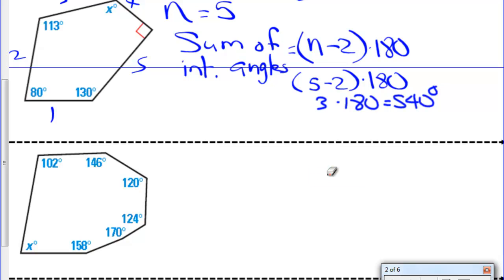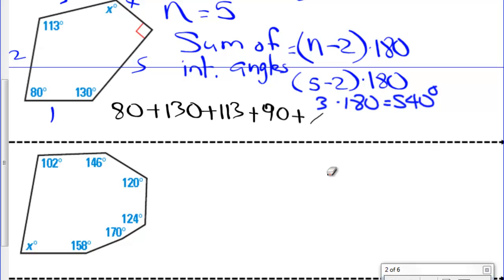All right, so we have 80 plus 130 plus 113 plus what, Micah? Okay, she probably said 90 or X. Either one would be correct. And then I'm going to add X. So that's equal to what? 540. So on the left-hand side, once you add all those numbers up, you'll get 413 plus x equals what, class?